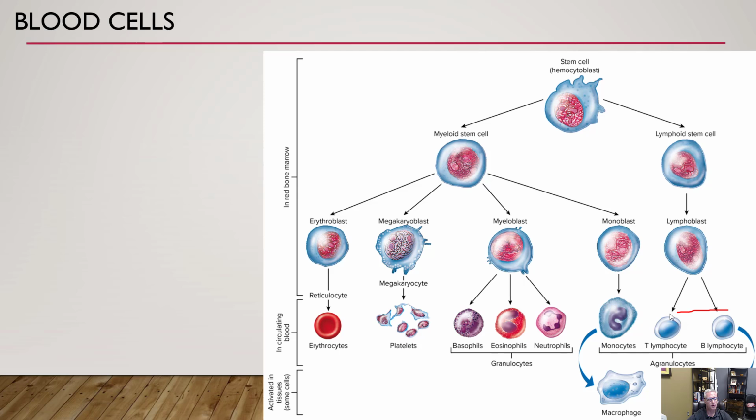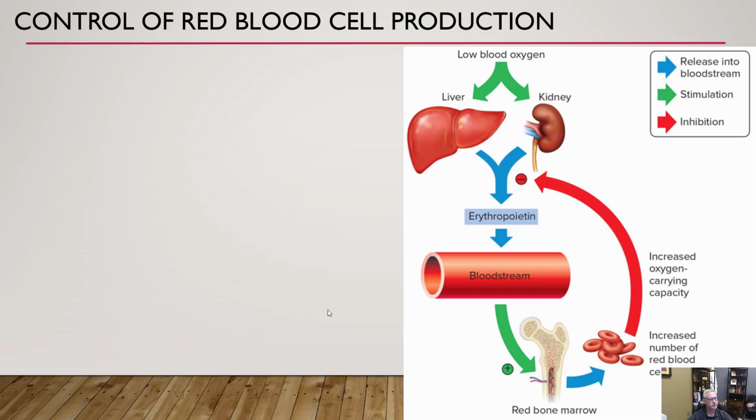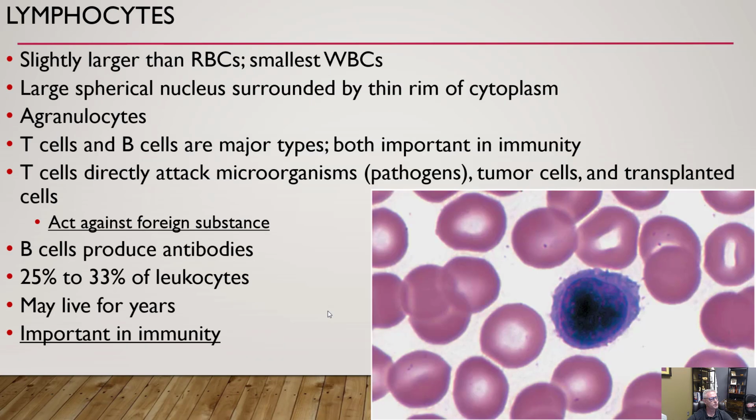So that would be an issue with your B cells and your T cells. Myeloid leukemia would be a cancer of your granulocytes that are produced in your bone marrow. So here, your basophils, eosinophils, or your neutrophils.